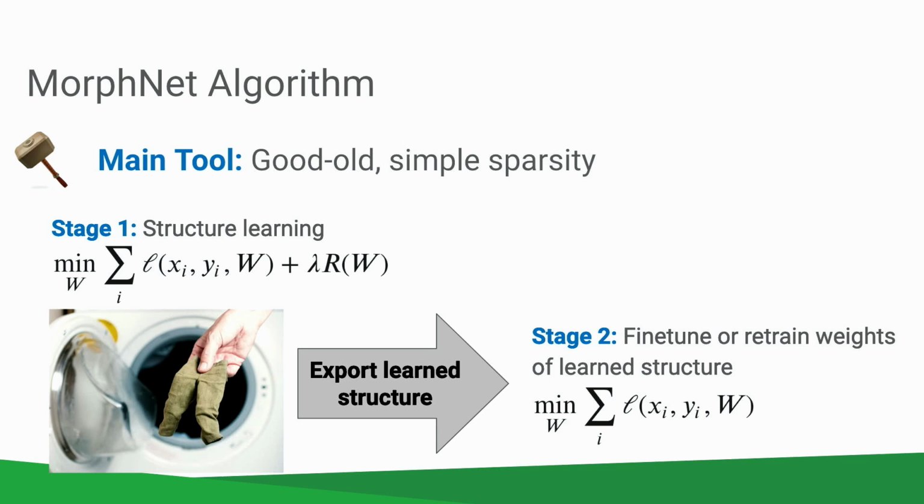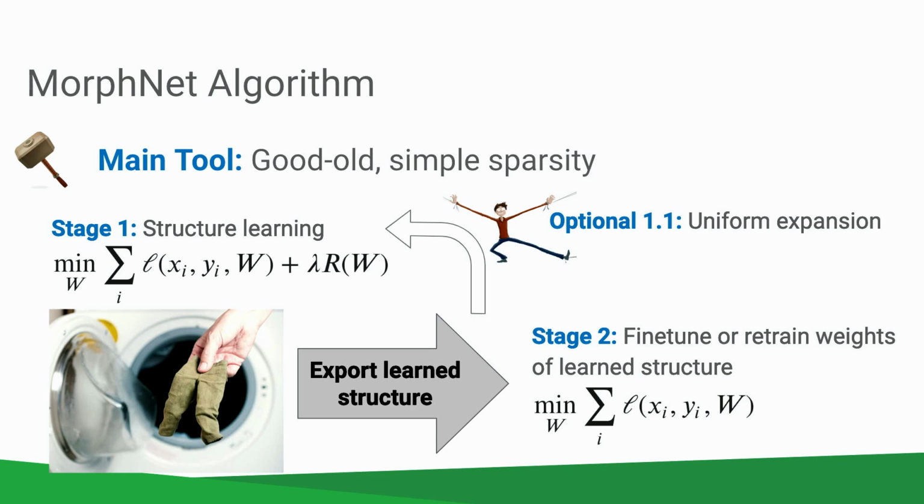You train it, it will converge, and what you'll actually extract from it mainly is a structure, a new structure for your network. In the second stage, you will either fine-tune or retrain your network with the newfound structure, the same way you used to do before.